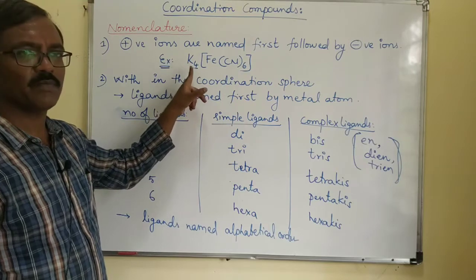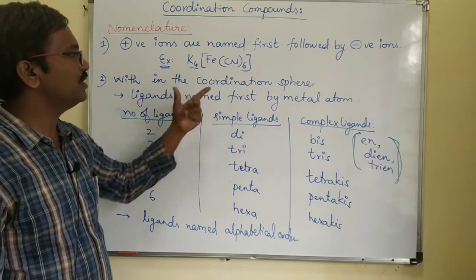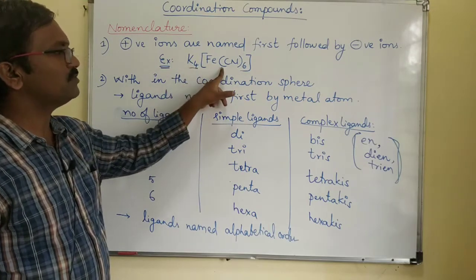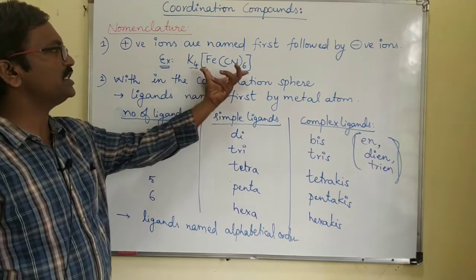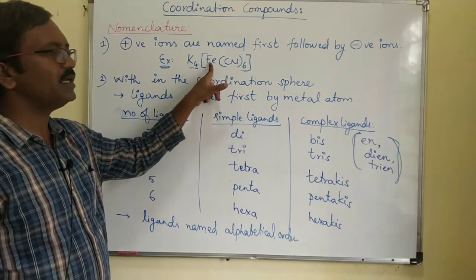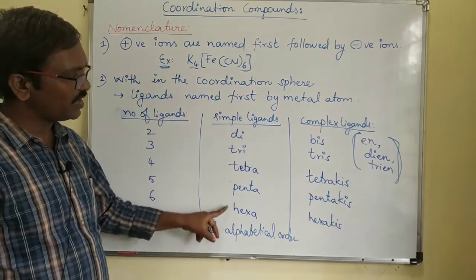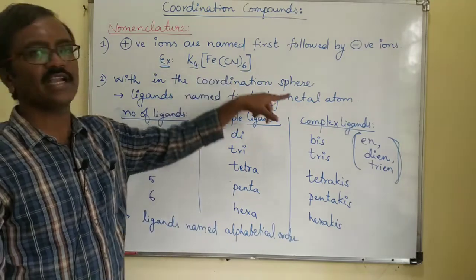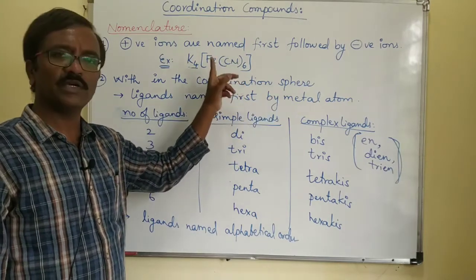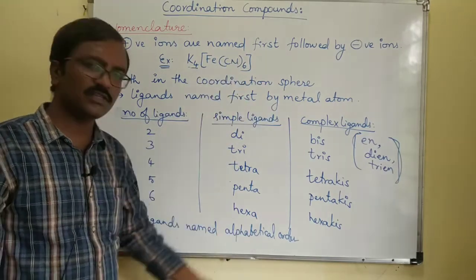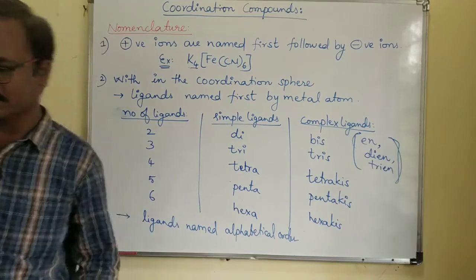This potassium is the positive, plus the negative. So first positive followed by negative. Within this sphere, ligand followed by metal atom. If there is more than one ligand, chloro, bromo, you have to follow the alphabetical order.